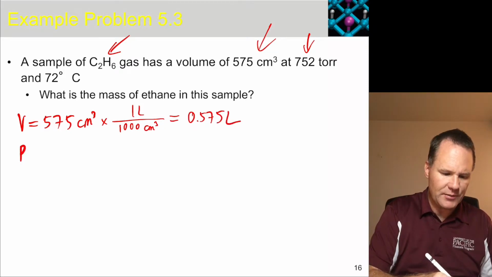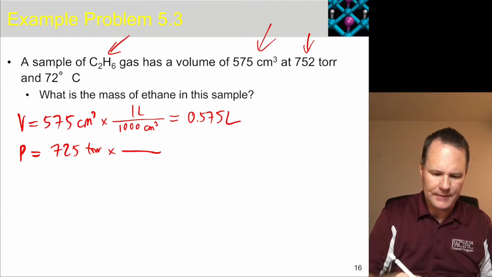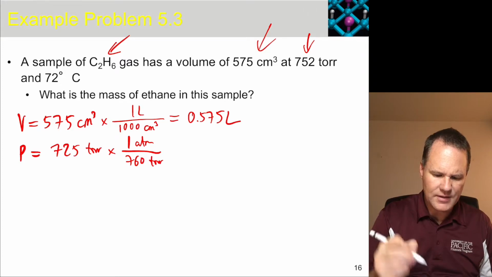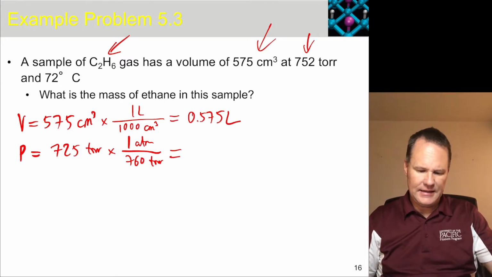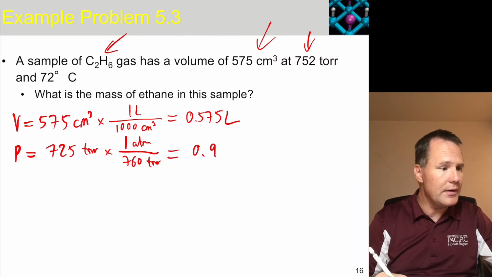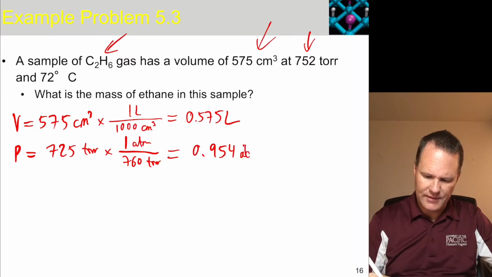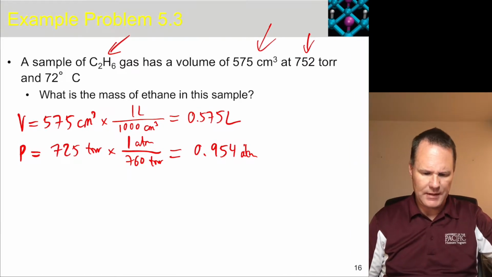What about the pressure? The pressure is 752 torr, but I want to put it in atmospheres. So 1 atmosphere is 760 torr. Torr cancels out, and I do need a calculator for that. So 752 divided by 760, and I get something like 0.954 atmospheres, and this is what I will put in my calculation.